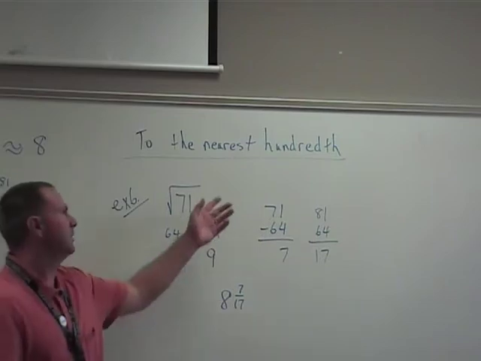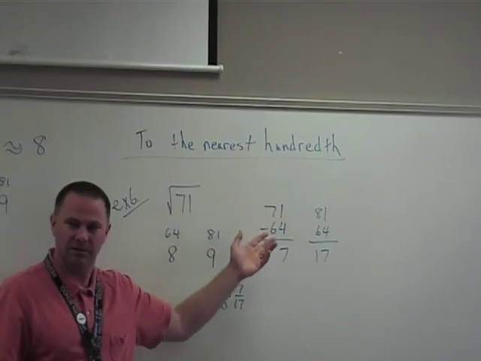Now, this says the nearest 100th. What's 7 divided by 17?